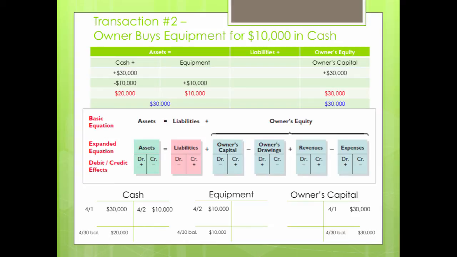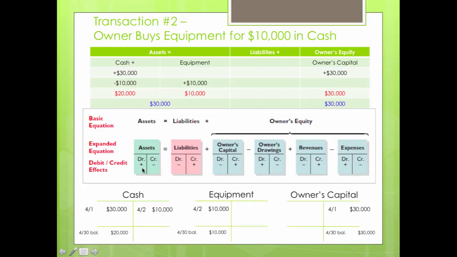This is transaction number 2, which was also from last chapter. For transaction number 2, the owner buys equipment for $10,000 and pays in cash. So from the last chapter, you determined that the cash and the equipment accounts are affected. They are both assets, so you look at the T accounts for assets.